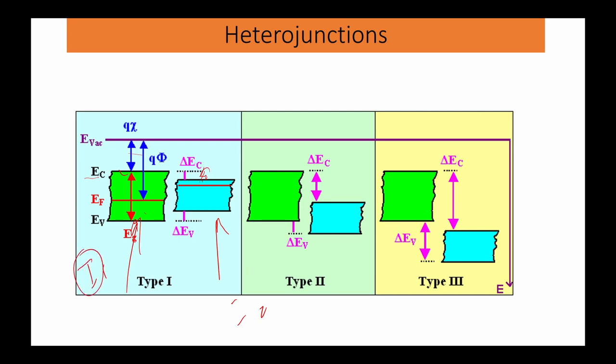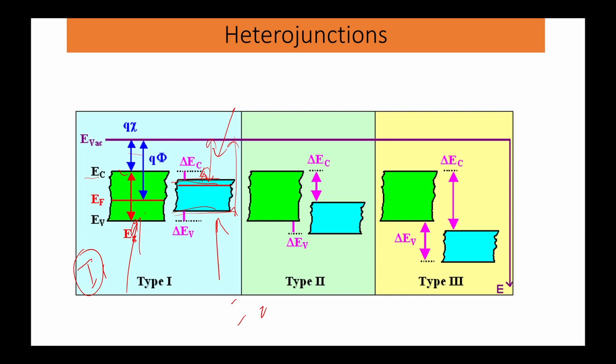The first condition is that Eg1 should be more than Eg2. Another thing is the electron affinity of the first semiconductor should be more than the electron affinity of the second semiconductor, as well as the ionization energy.